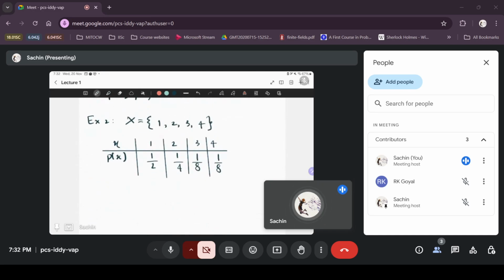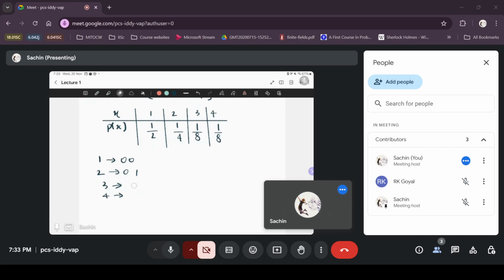Since here you have four outcomes, 2 bits each, you can represent them. You could say 1 is 0, 0, 2 I'll represent using 0, 1, 3 I'll represent with 1, 0, and 4 I'll represent with 1, 1. So now you have used 2 bits to do this.